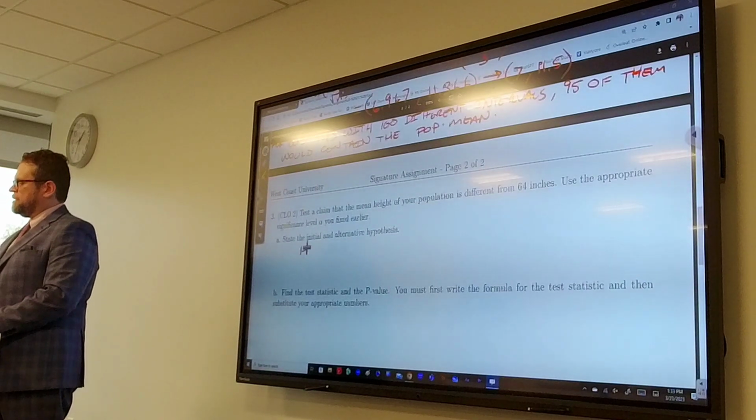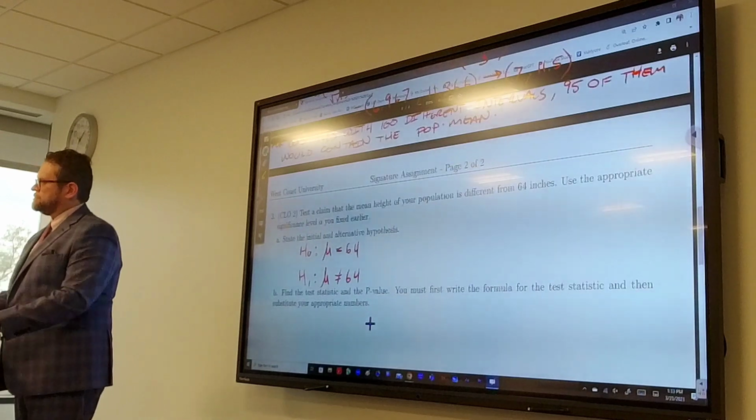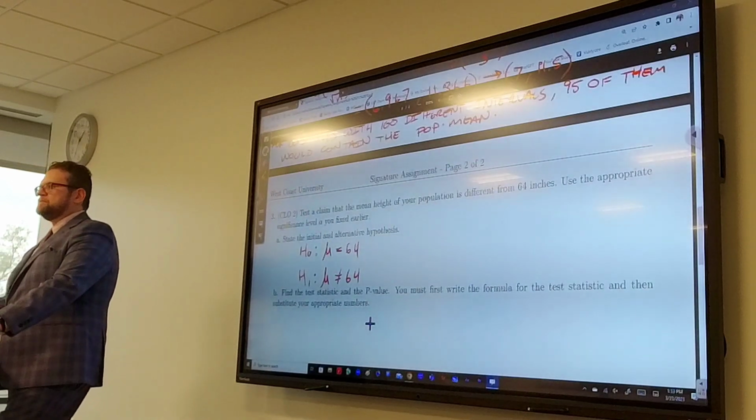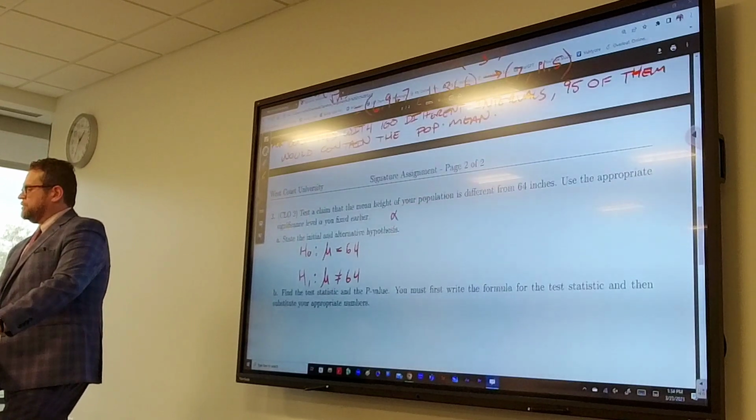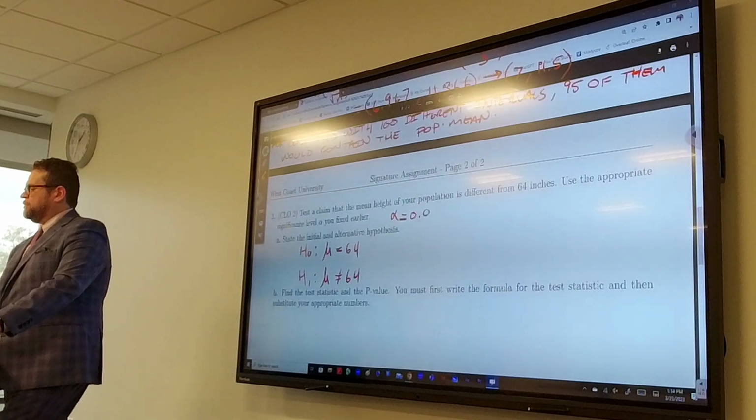So my initial hypothesis is that the mean is 64, and the alternate is that the mean is different from 64. We're going to use that alpha from earlier. Alpha was 0.05 for me.